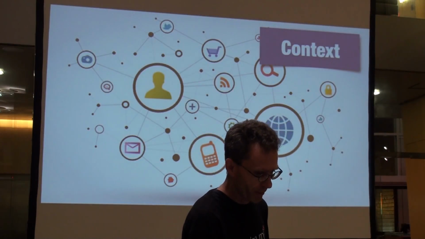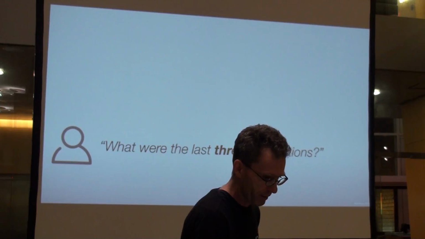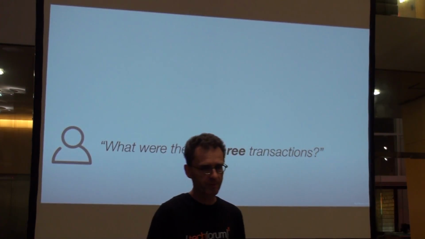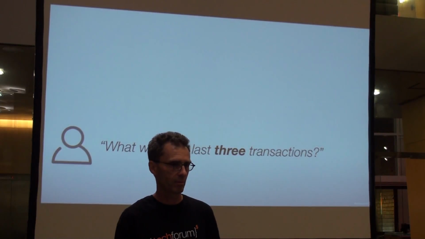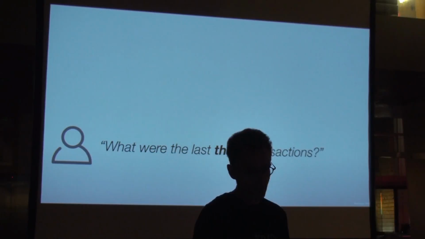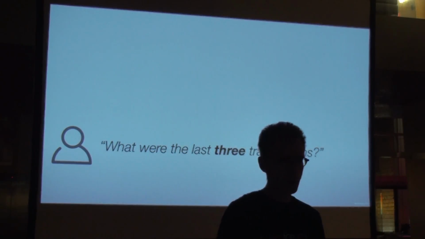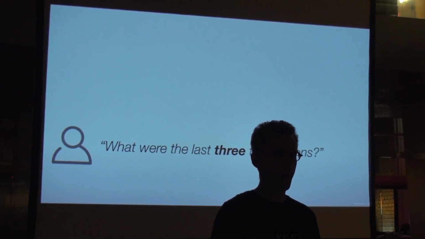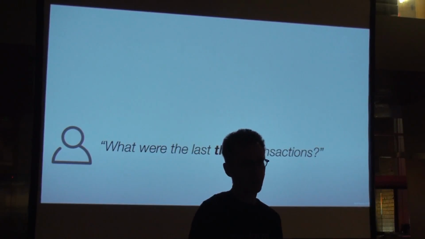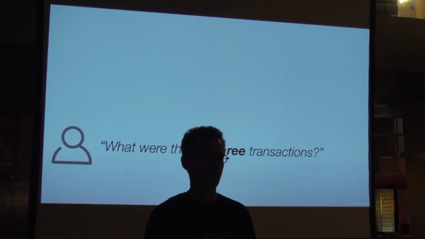Context. How can we maintain context? To give you an example, if I asked you, what were the last 3 transactions? How would you figure that out? You would probably go and fetch all the accounts that you know I have, and then you would fetch all the transactions for all the accounts.